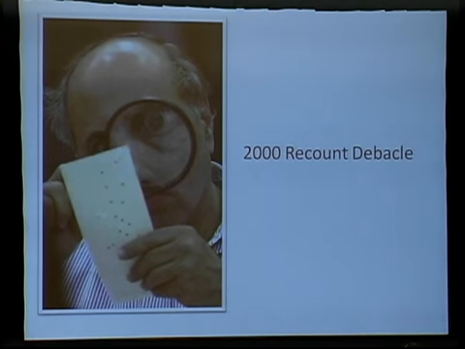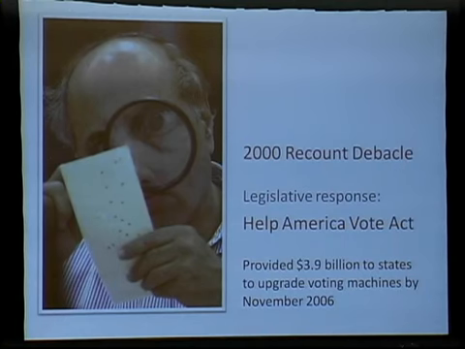Katherine Harris, the Secretary of State, became a minor celebrity. Fun times. But in the wake of the problems they had in Florida, Congress passed something called the Help America Vote Act. The Help America Vote Act provided almost $4 billion to the states to upgrade their voting machines, on the condition that they do so right away, in time for the November 2006 election.